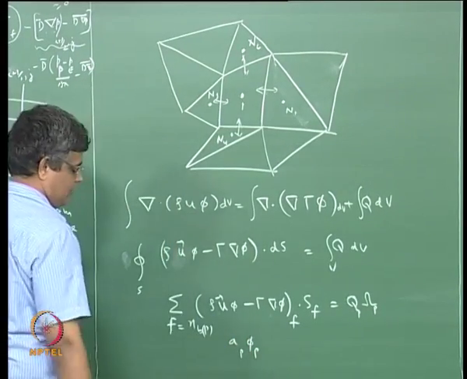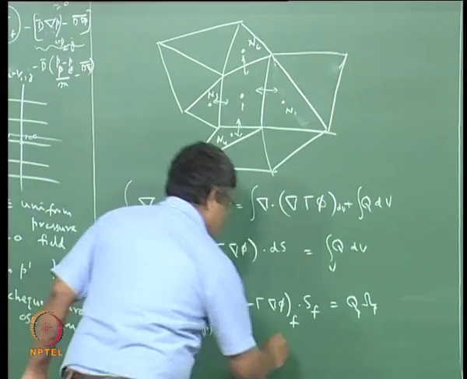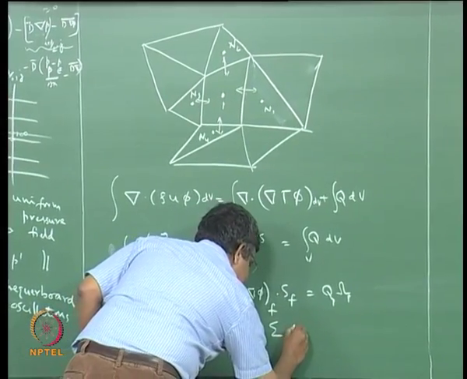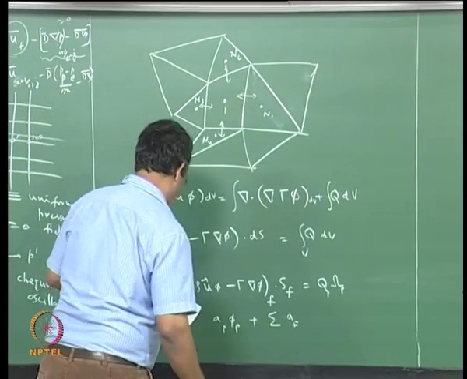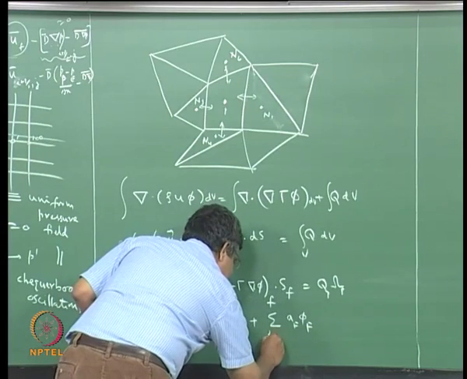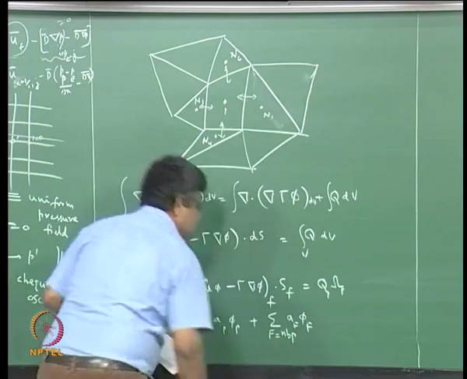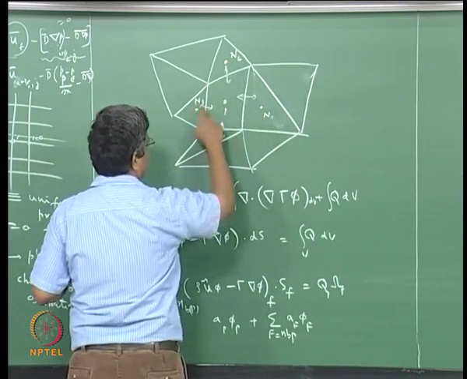AP phi P, where phi P is the value of the variable at the point P here. This can be converted into an algebraic equation like this, sum of AF phi F, where F is the neighboring point to P. So that is n1, n2, n3, n4.